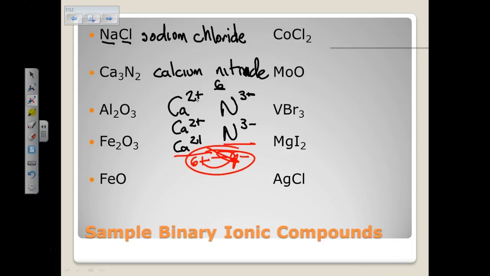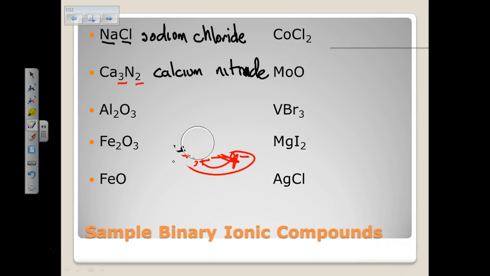And so the only ratio that these guys can be in is 3 to 2. Calcium nitride can only be found as a compound that has a ratio of 3 calciums to 2 nitrogens. That's what makes ionic compounds different when we name them. Okay, so let's keep moving on.